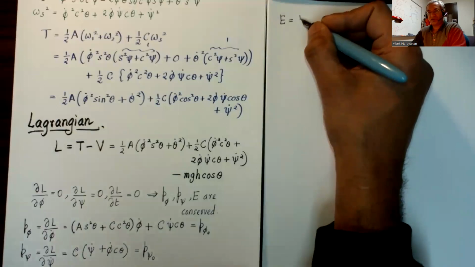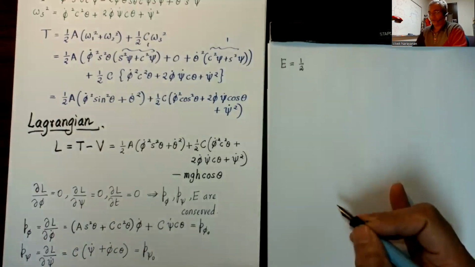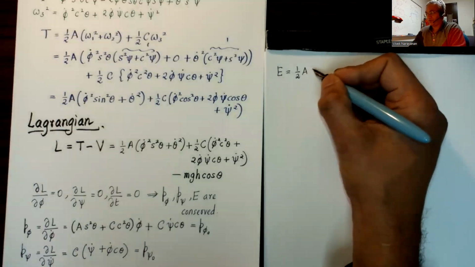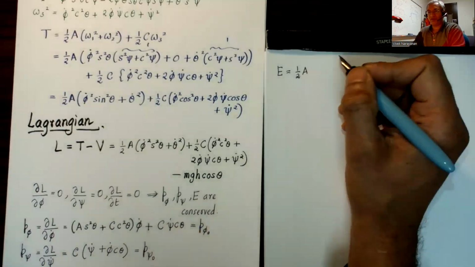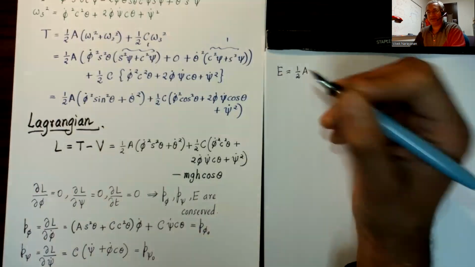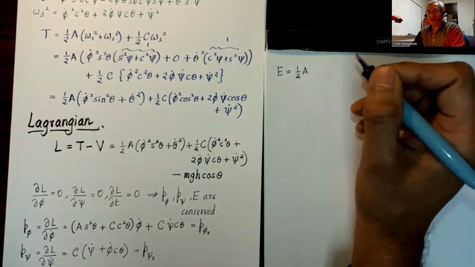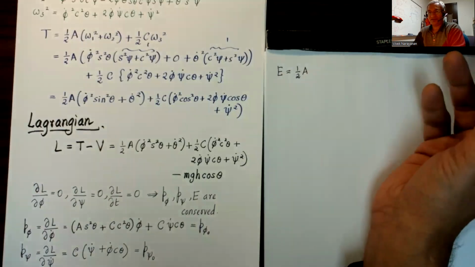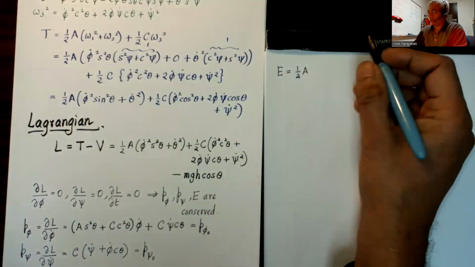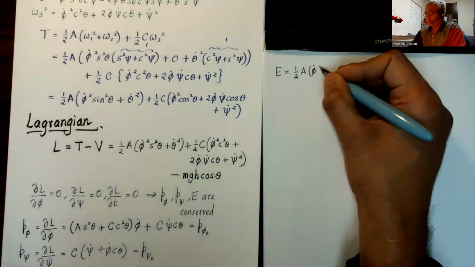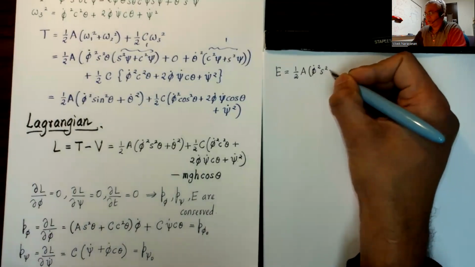So I'll just write that without any ceremony. Normally, to write the energy, I would first write the Hamiltonian, and then the Hamiltonian will be the sum of the p_i q_i dots minus the Lagrangian, and it'll all settle down to the same thing. So let me just cut all that work out.